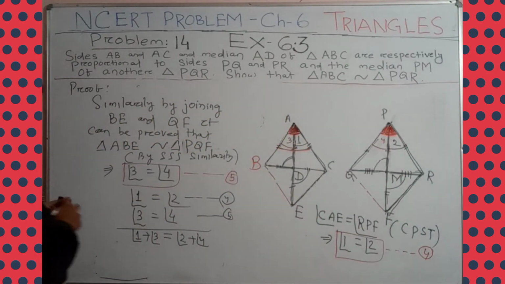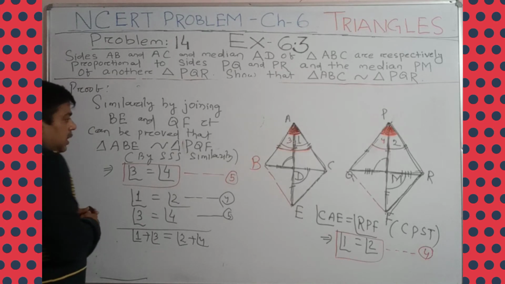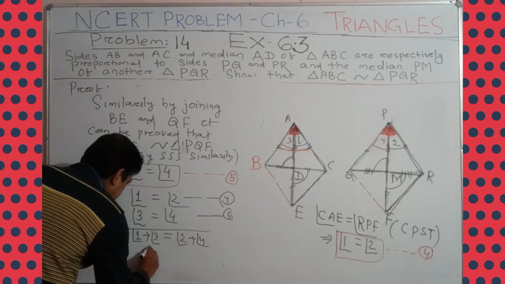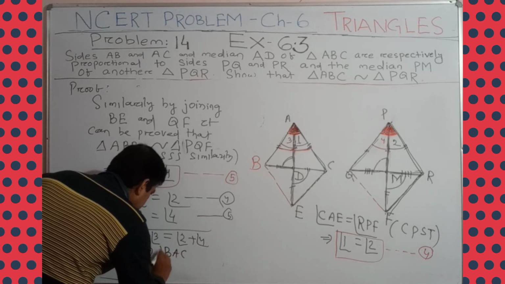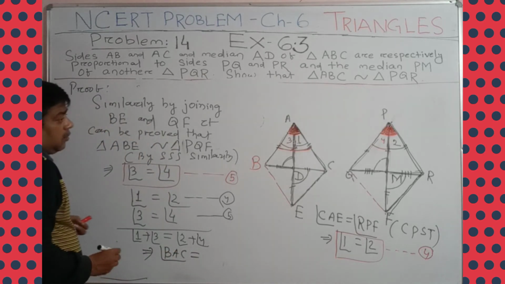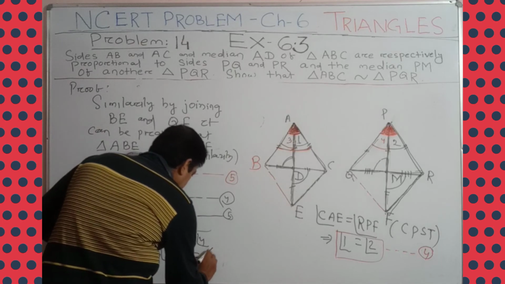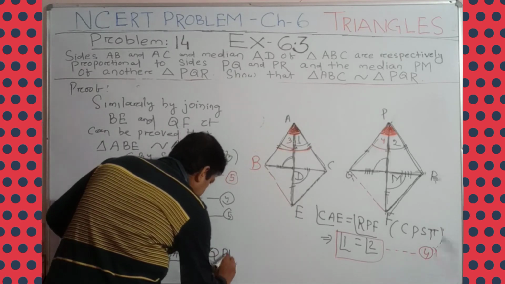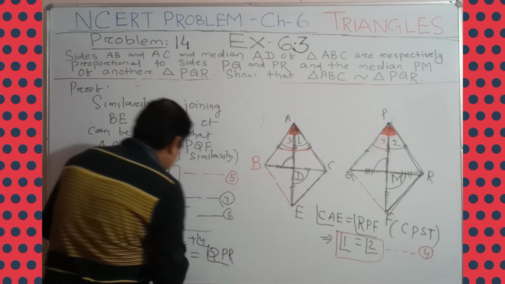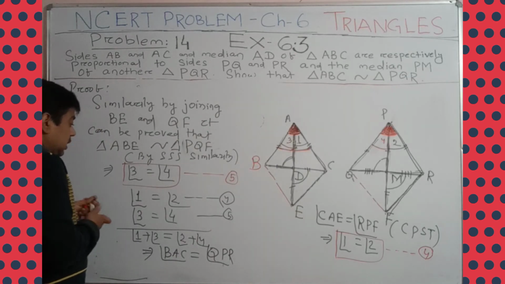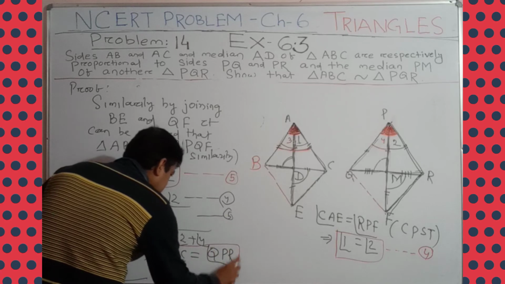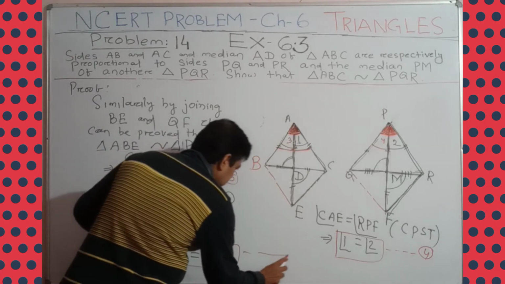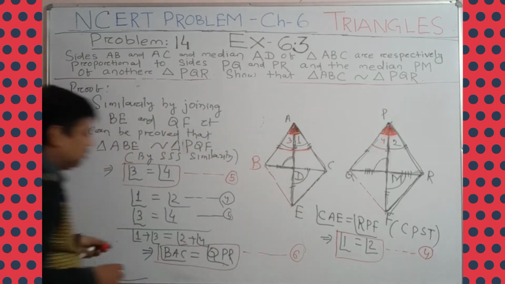Okay. So angle 1 plus angle 3 is called the BAC angle, and angle 4 plus angle 2 is equal to the QPR angle. And this is another important point we got. This is equation number 6.